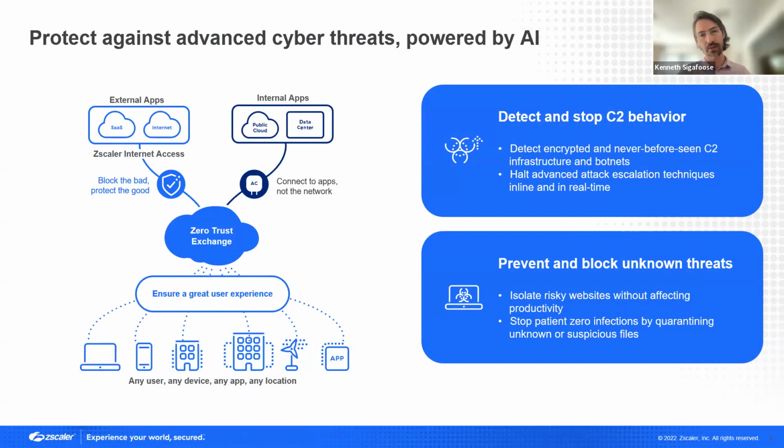To layer onto the abilities of being able to scrutinize that in and out traffic, we have added detections on C2 behavior that has allowed us to see over 100 unique botnet detections on a daily basis from an AI model that we've built off of the huge amount of telemetry and analytics that we're getting from the cloud Zero Trust Exchange from all the customers, which honestly you could only do from having that data, having scaled the SSL inspection to see all of that traffic in its raw form, and then being able to predictively create these models and iterate on them over time.